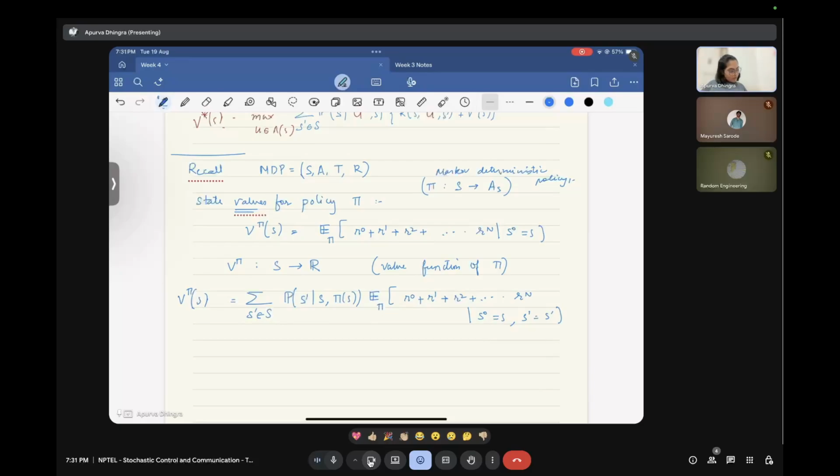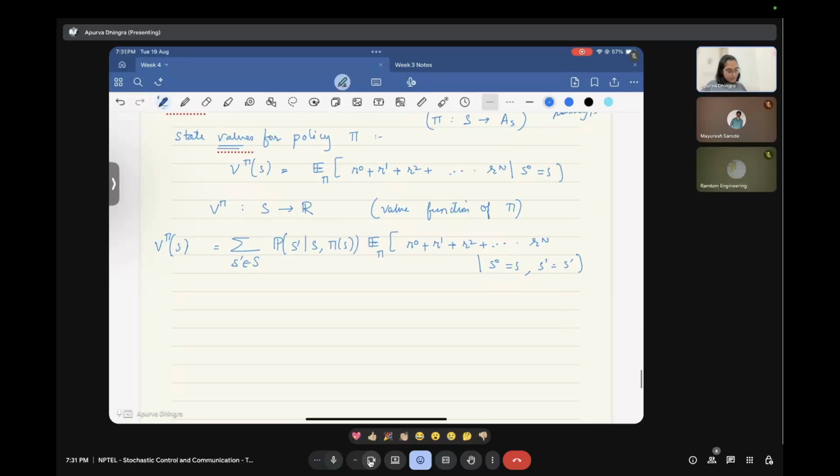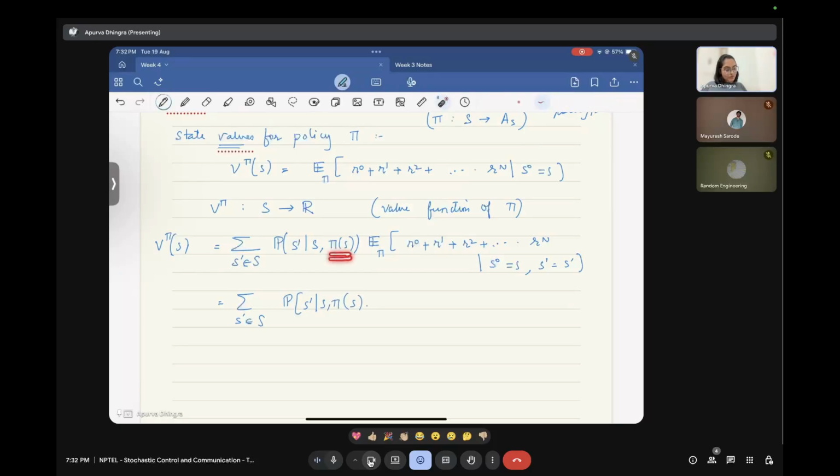Okay, so now let's rewrite this. So this is the same as, here notice, action is replaced by what the policy gives me. Because it's a deterministic action, I've just plugged it in here directly.